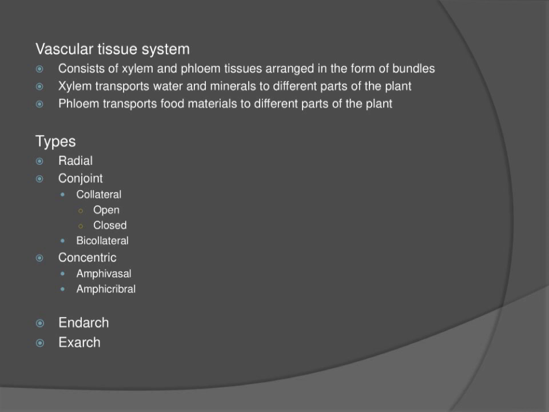Next, we are going to see how to draw these radial, conjoint and concentric types of vascular tissue systems. With diagrams, you will be understanding this concept. Students, now we will draw and see various types of vascular tissue systems. As we have seen earlier, first type is radial type of vascular tissue system.